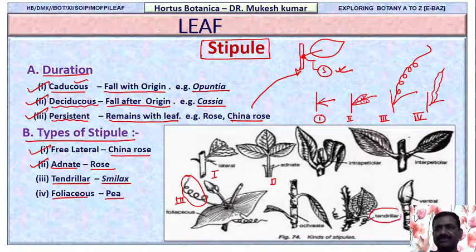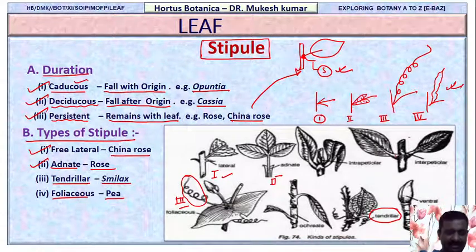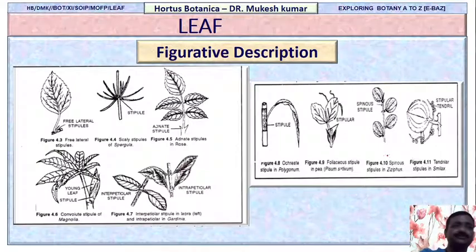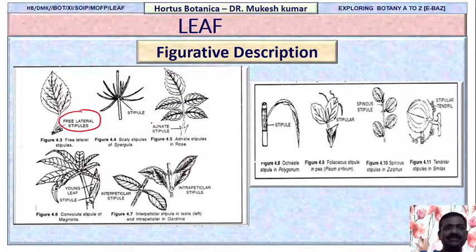This is also a tendril structure, right? So the first case is there, second case is there, third case is there, and the fourth, the leaf-like structure I just drew, will be in the case of the pea, isn't it? Now see, this is your very simple free lateral stipule. Same, this is your adnate stipule in the case of the rose, as I just told you, right? So there are different types of stipule.